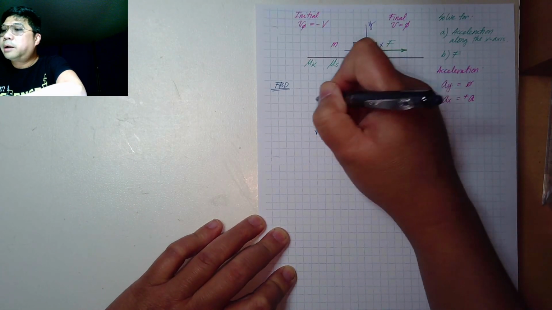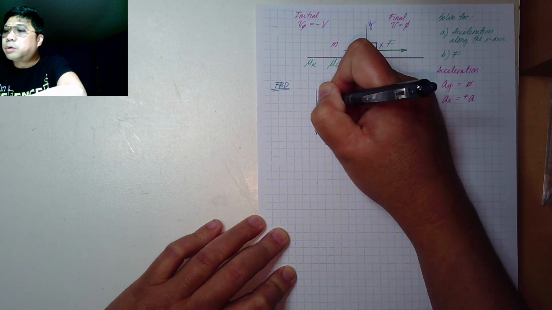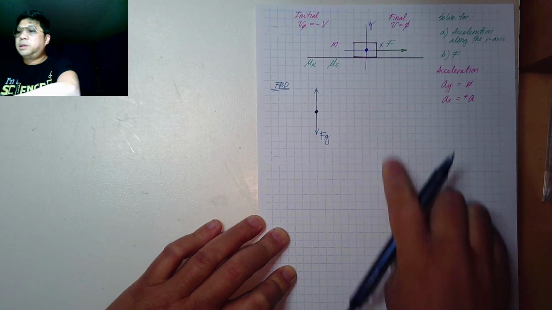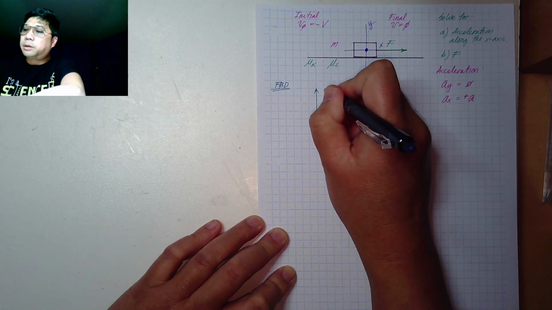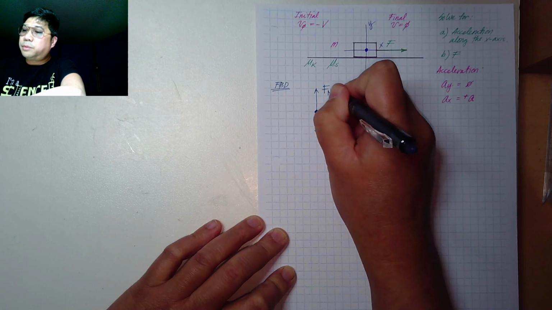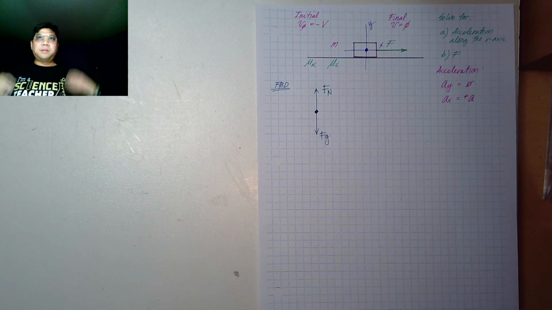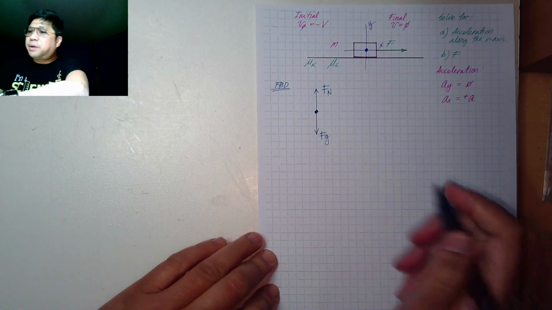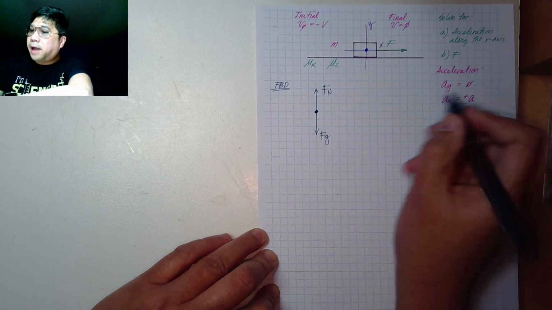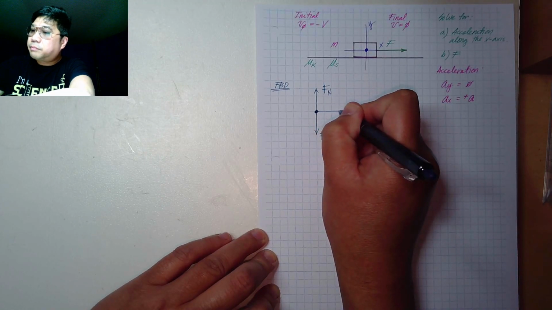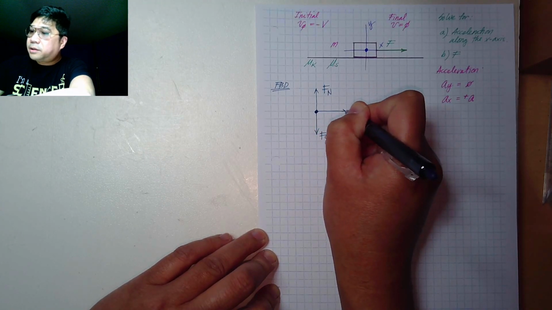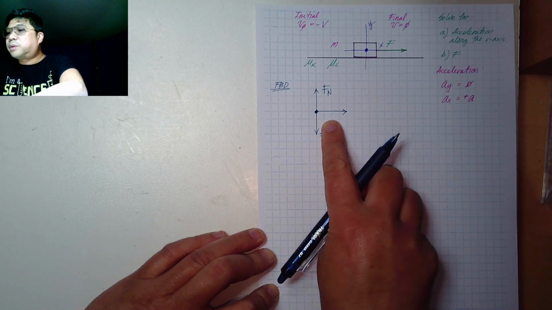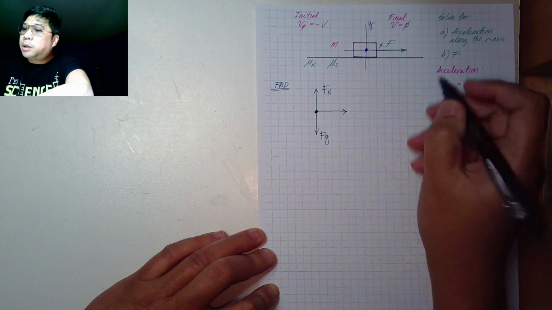Second is our normal force. Since it is along the floor or along the table or along a flat surface, therefore we have our normal force. Now we have our force acting in this direction. So acting this direction, maybe I'll just put force over here.